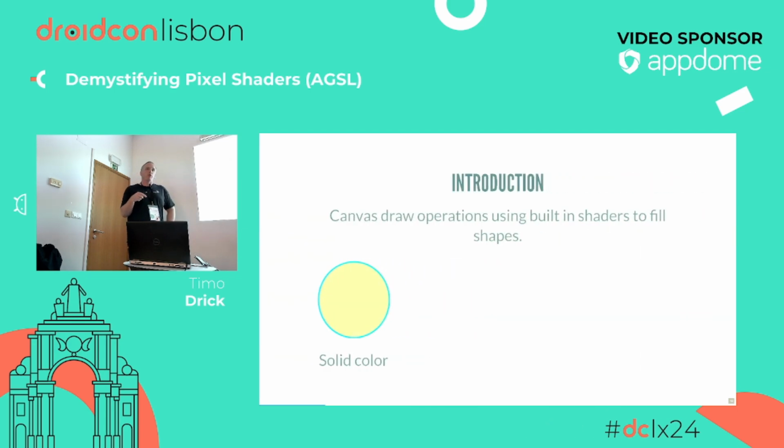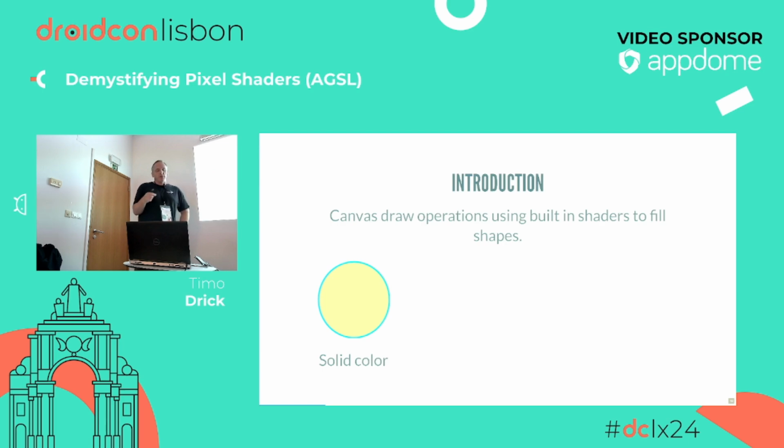So maybe you also know how to draw something with Compose, or also with the legacy view system. By the way, everything with shaders today also works with the legacy view system, but my samples are only for Compose.